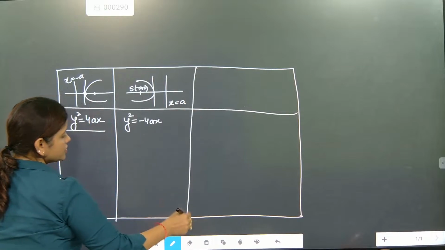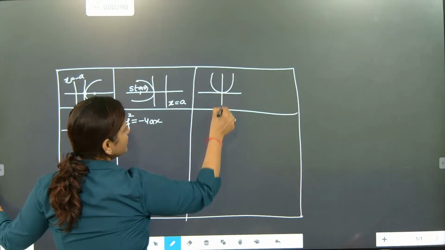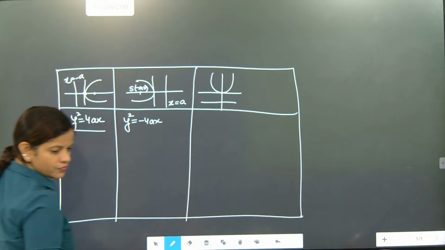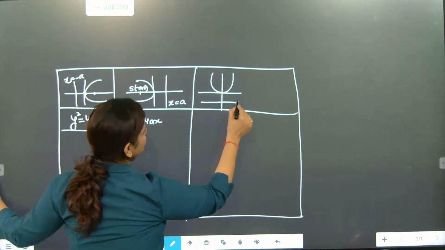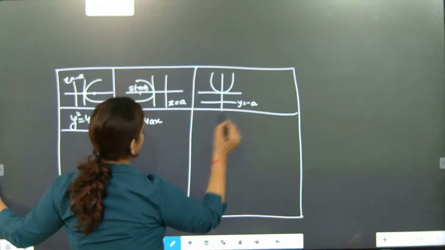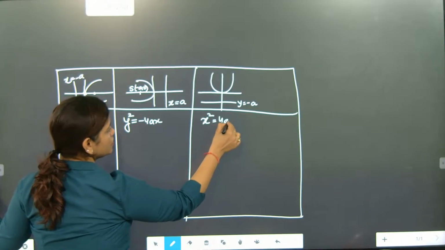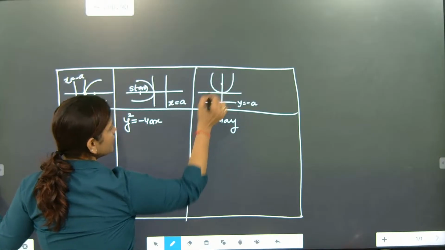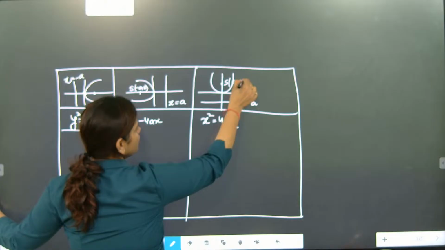Now with the directrix, if the parabola mouth is exactly up and the vertex point is 0, 0, so here the mouth is exactly here, and this part will become y is equal to minus a. So for this parabola the equation is x square is equal to 4ay. Here this part is exactly coming as focus, so the focus will become 0 comma a.